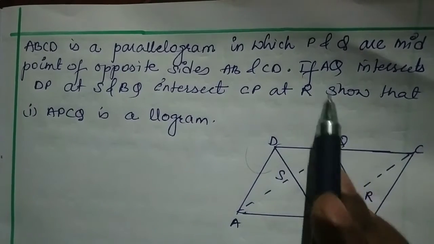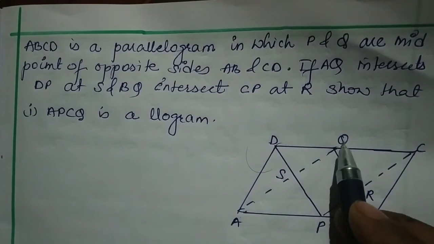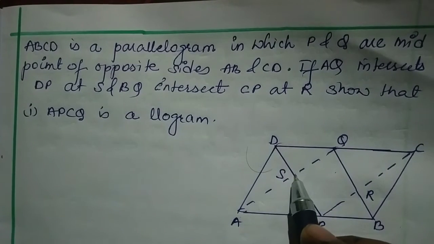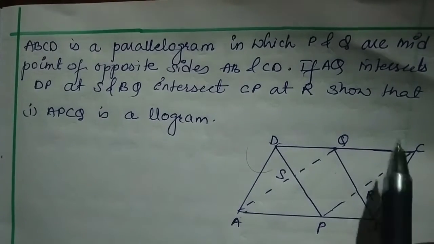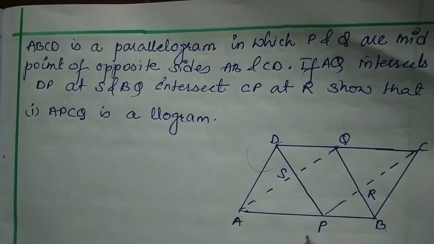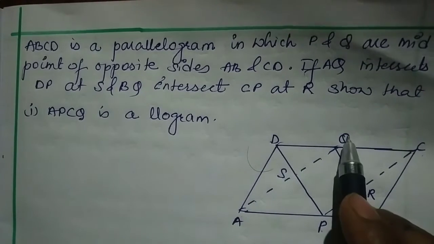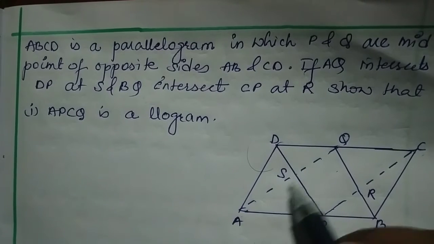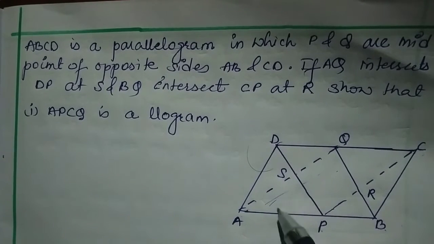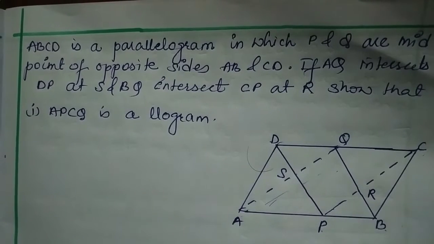If AQ intersects DP at S and BQ intersects CP at R, we need to show that APCQ is a parallelogram. We need to prove this, that this quadrilateral is a parallelogram.